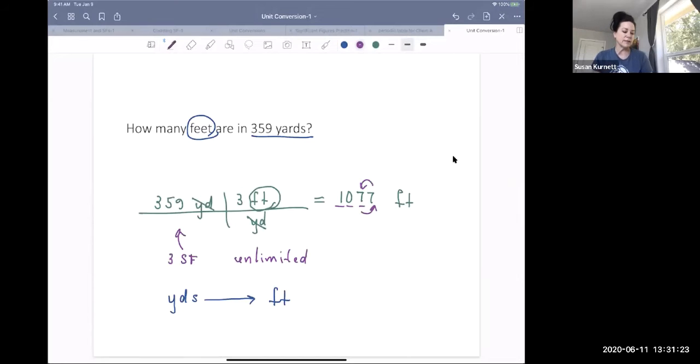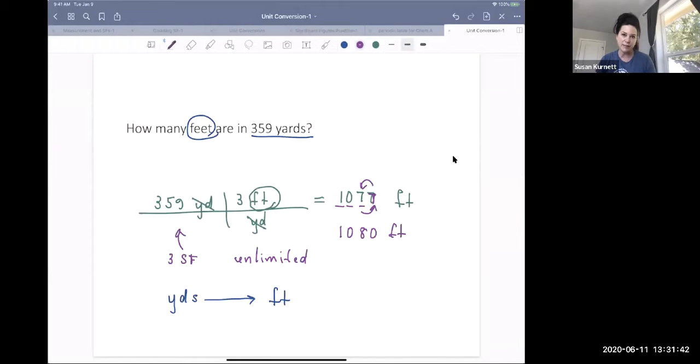This one may be different than on the handout. I don't think it was 359 yards. I think I mistyped it. Okay, so I have an answer here, 1080. We're rounding up because the 7 is greater than 5. But this answer is ambiguous because what I'm trying to say is 3 sig figs, but I can't tell.